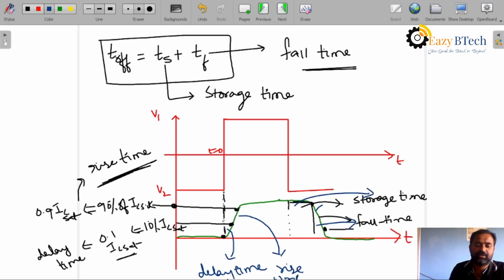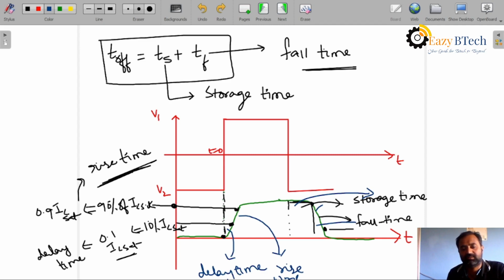The switching speed of the transistor depends upon the IC current flowing in the transistor, and the minimum time taken to make the device go from 0 to 10% or 10% to 90%. For example, what is on time?